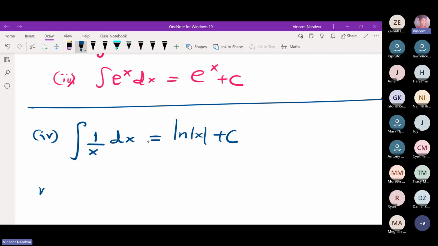And then number 5, the integral of sec squared x dx. It's like I'm asking you, can you give me a function whose derivative is sec squared x?